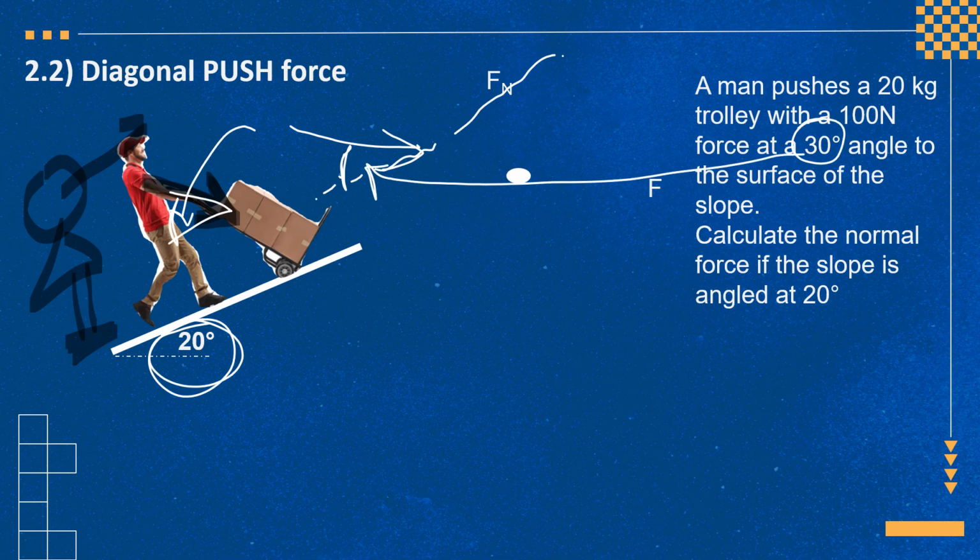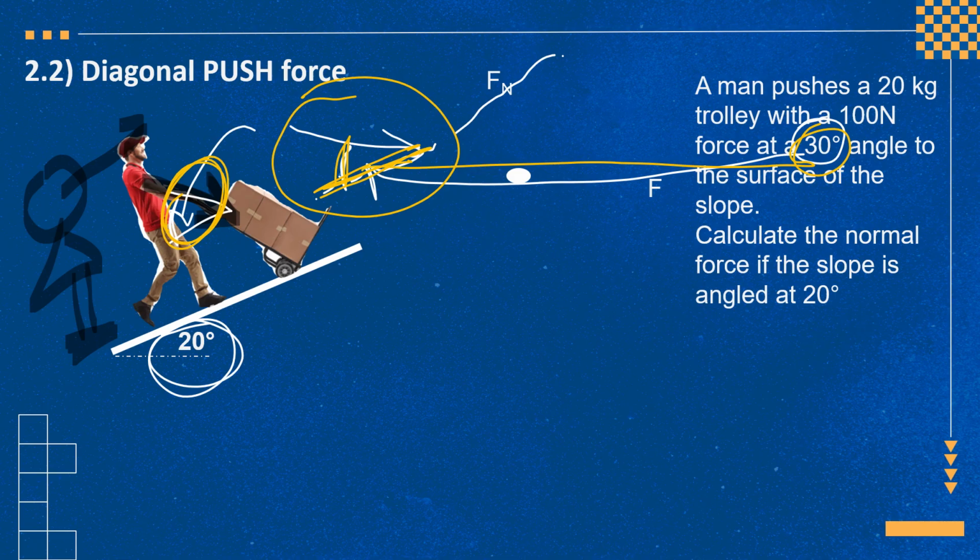So make sure that you see that these two angles are not the same. You have the angle of the applied force, relative to the surface. What is that angle? That is 30. But then you also have a second angle there, and that is the angle of the slope.